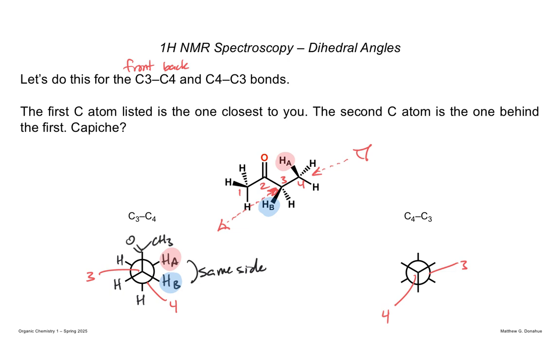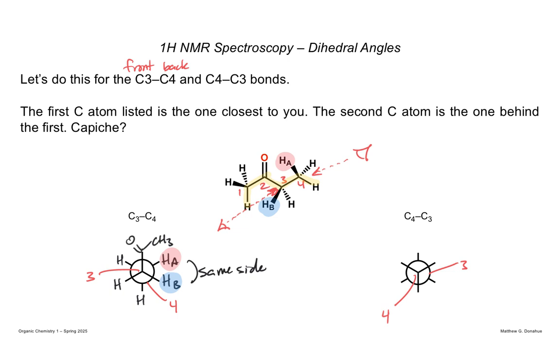So what I can tell you is, so there's our zigzag in yellow. When you're looking down that carbon 4, you see how the hydrogen that's in the plane is pointing down?